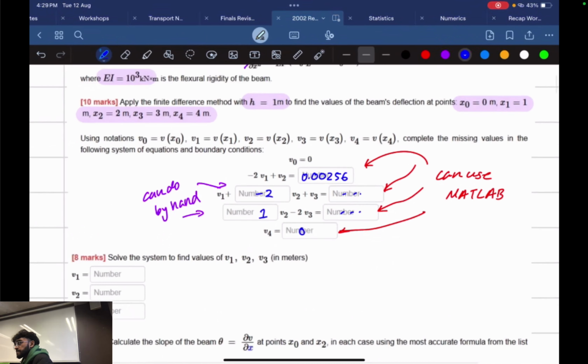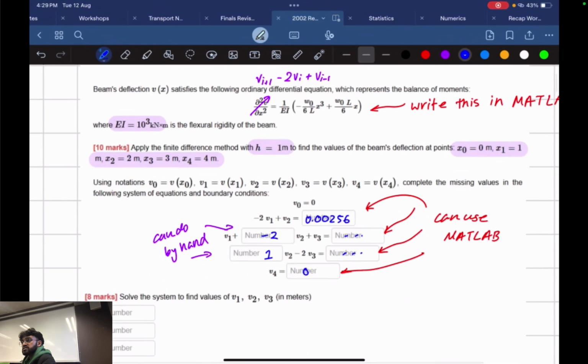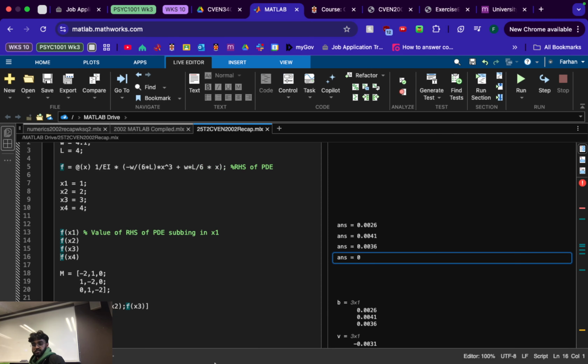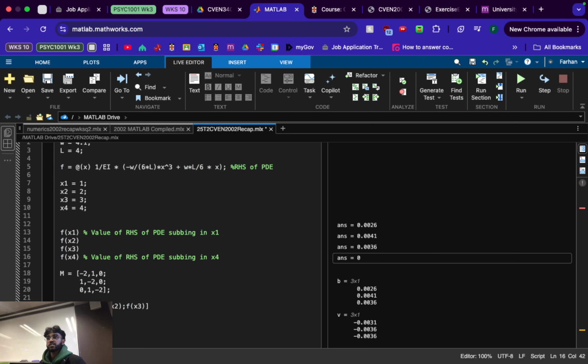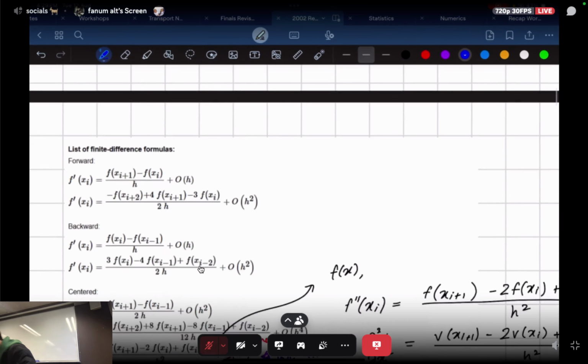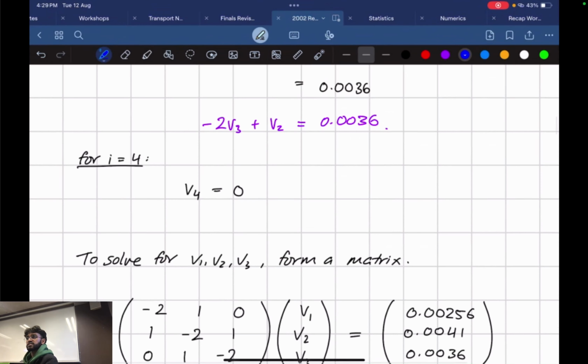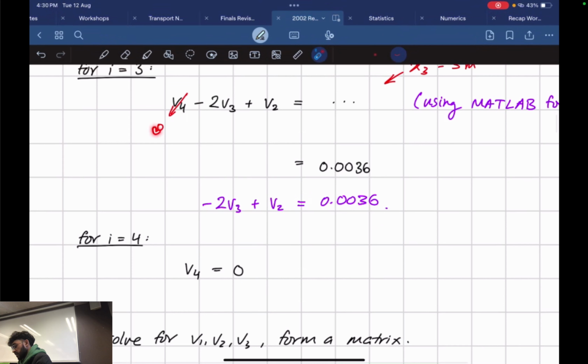Why is v4 equal to 0? MATLAB says so. If it's not equal to 0, then you just don't put 0, right? And then what you do is you sub it back in up here and you take it to the other side. Isn't it 0 because the deflection you differentiate once for the slope, you differentiate twice, that's the moment, it has to be 0?